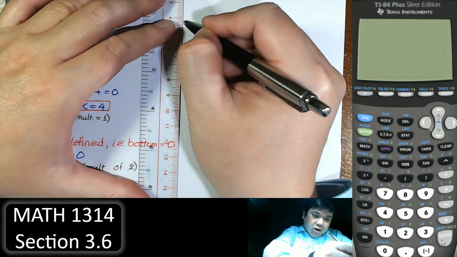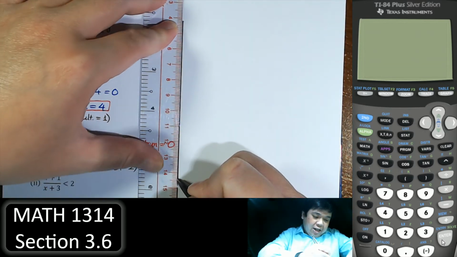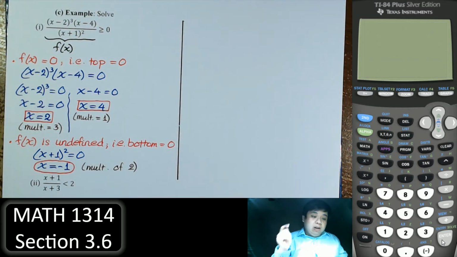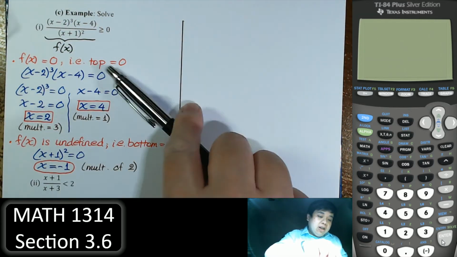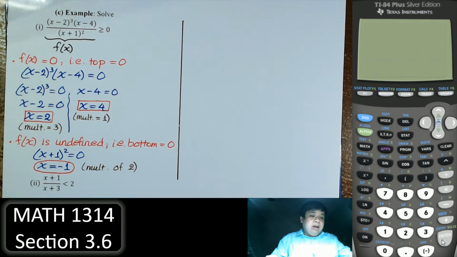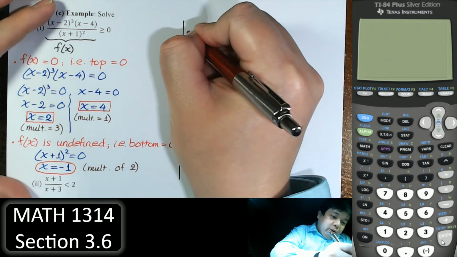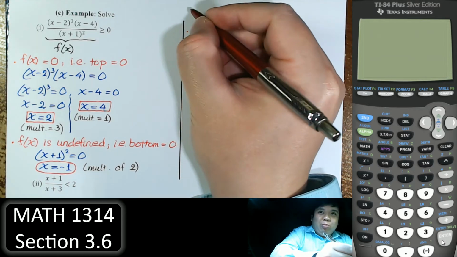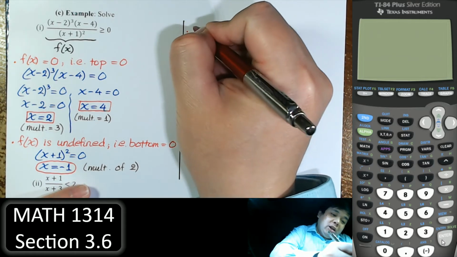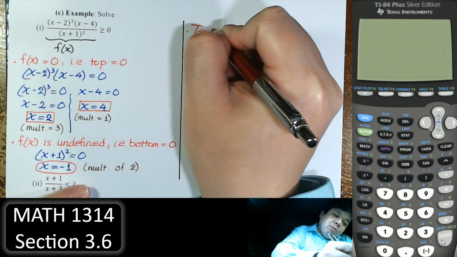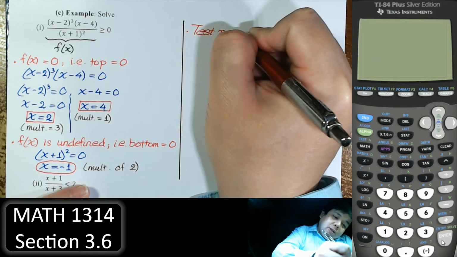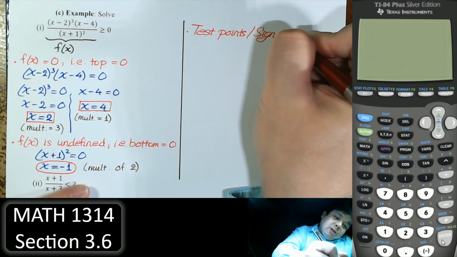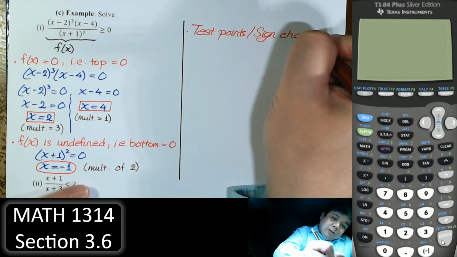Now we construct the sign chart. I said there are 4 possibilities: 0, undefined, positive, and negative. We found 0 and undefined. Now we just need to solve for positive and negative. That's where the sign chart comes into play. So test points and sign chart.